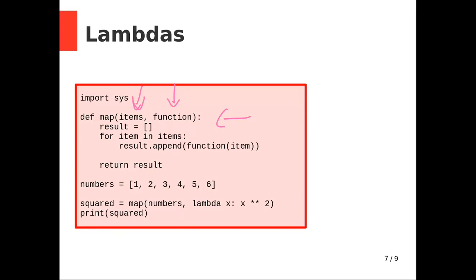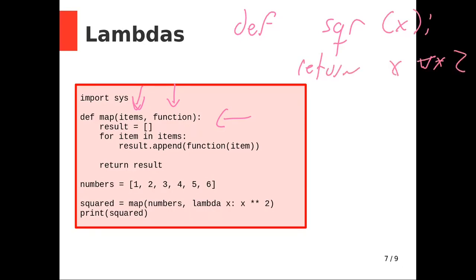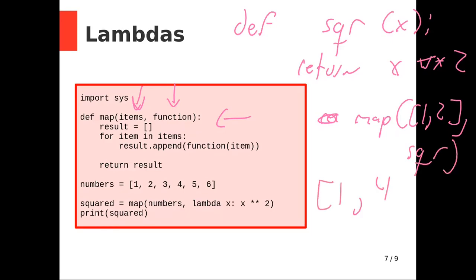You understand? So if I've got my def square(x) function, I can write map([1, 2], square), which should return the list [1, 4], right?